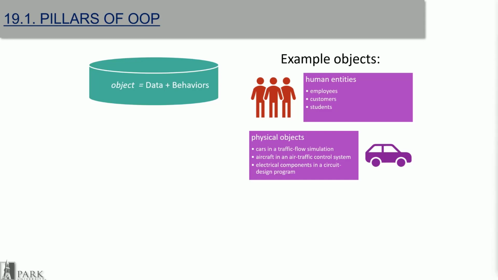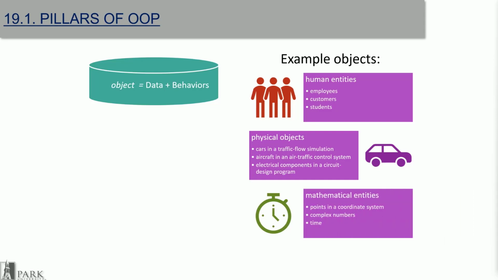But it can also represent abstract concepts such as mathematical entities like points in a coordinate system, complex numbers, and time. And there's even more abstract concepts that they can represent that we are not going to get really into, but you'll discover it as you go about your programming career.